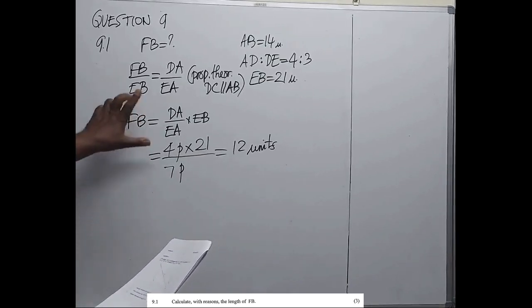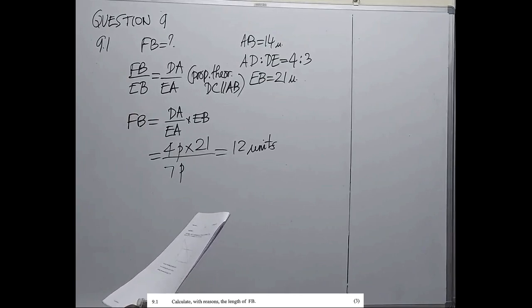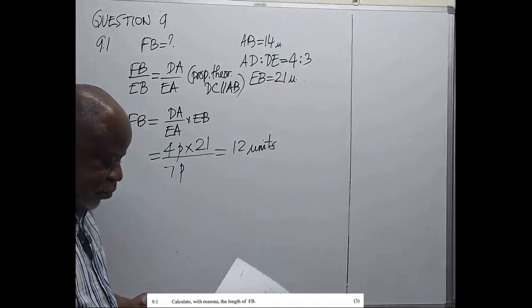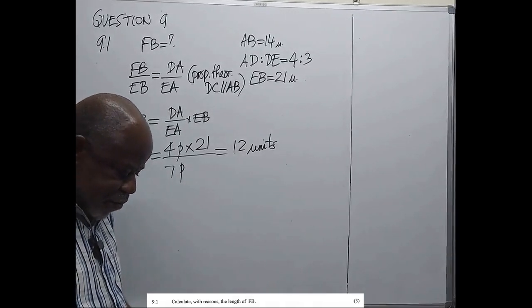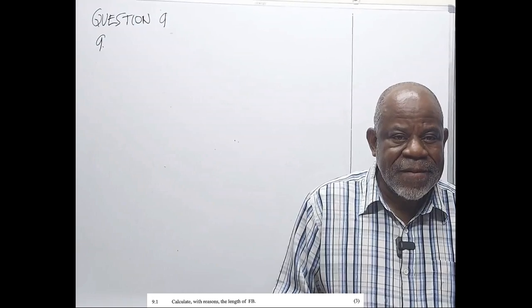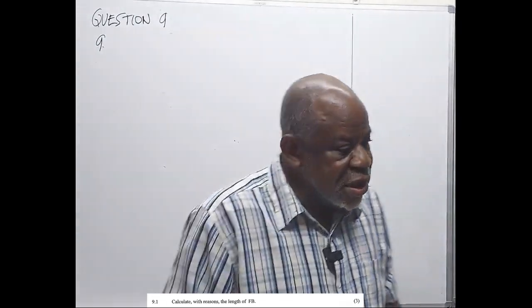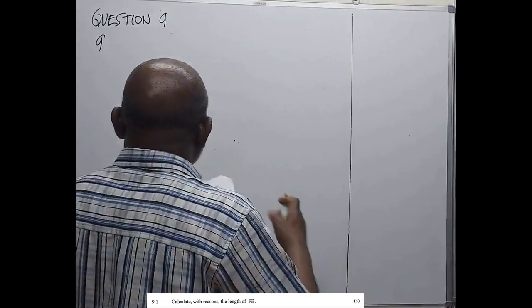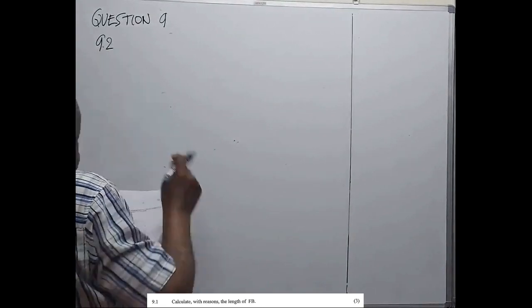I'm going to clean the board and then we will take the next question, that is going to be 9.2. We clean the board. Okay, so the next question is 9.2.